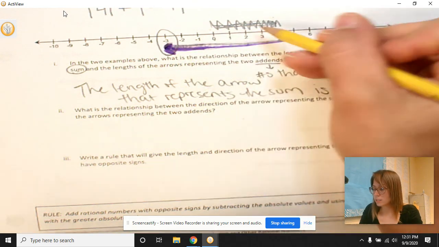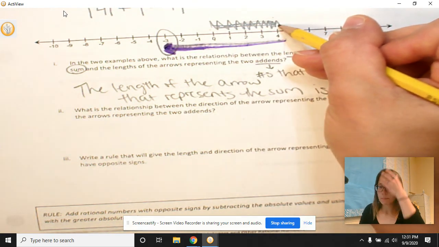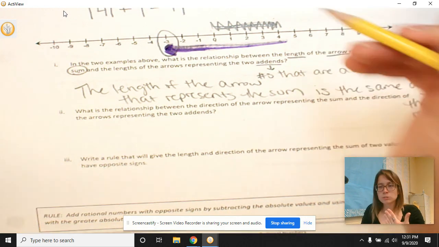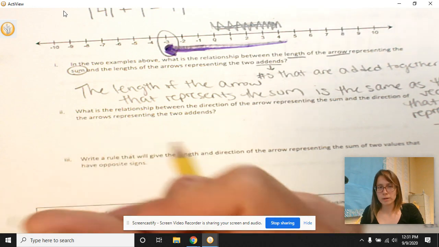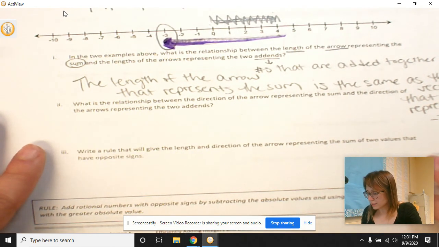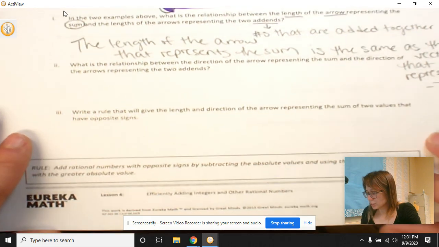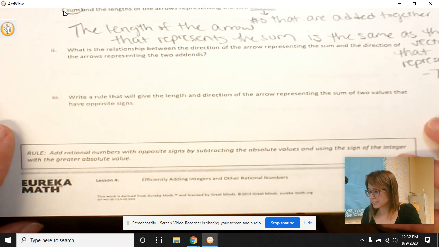So I don't need to be doing this anymore. I could if I wanted to be mathematically correct, but sometimes you just don't have time for that and you need to get straight to the point, right? So let's see, write a rule that will give the length and direction of the arrow representing the sum of two values that have opposite signs.